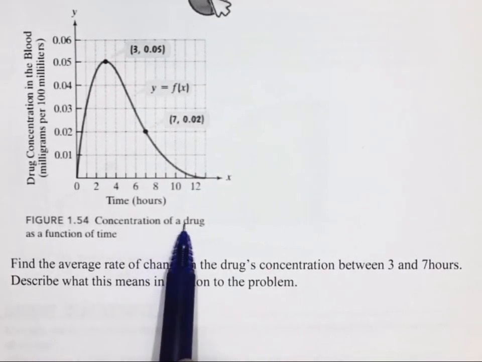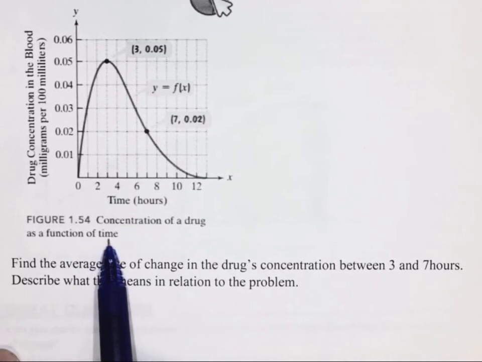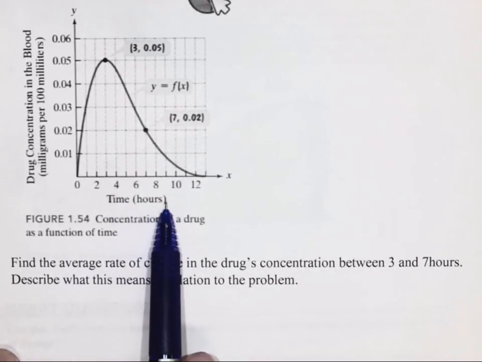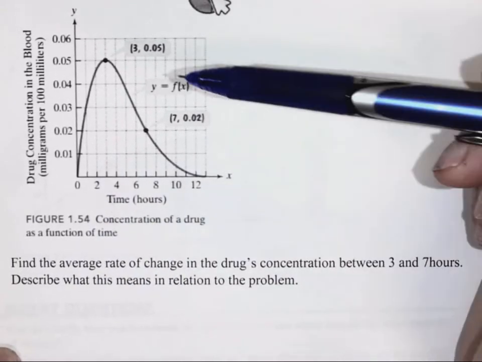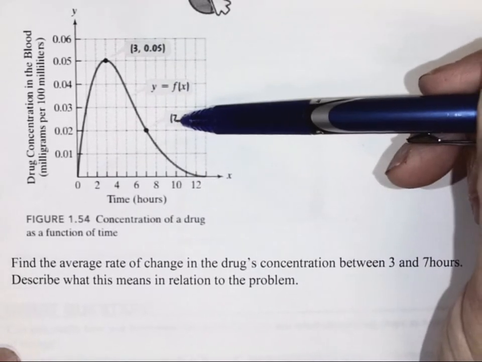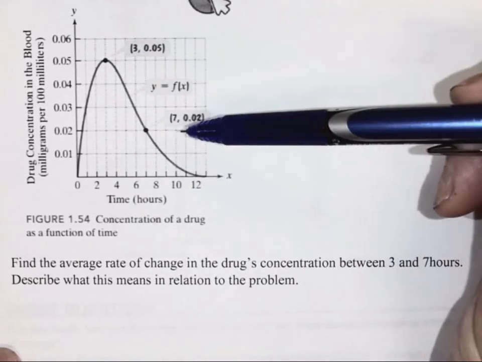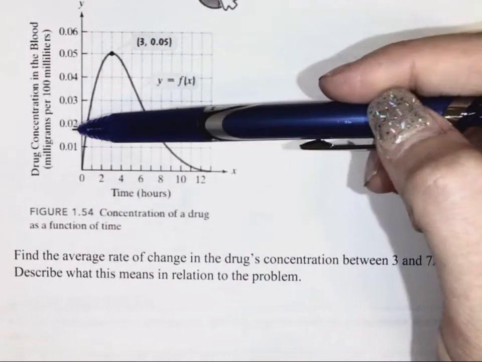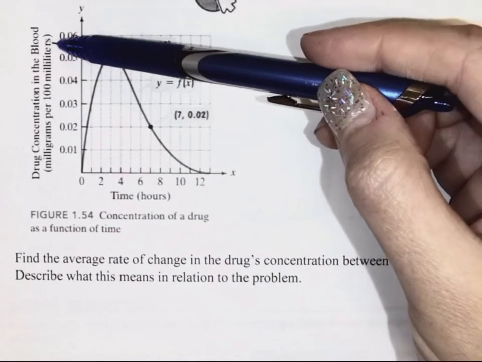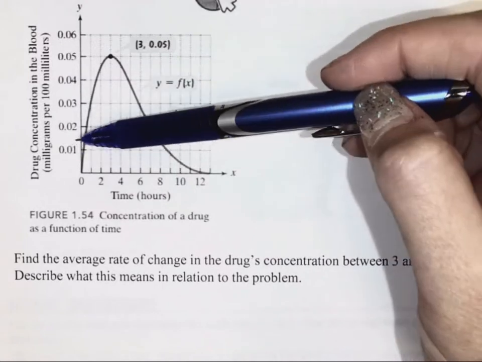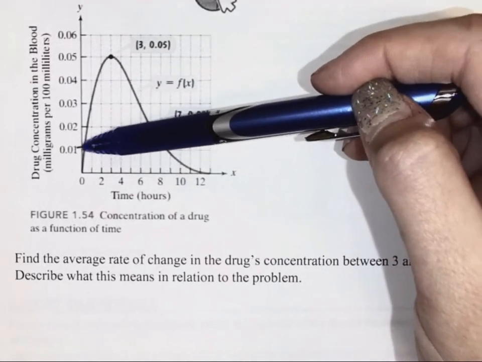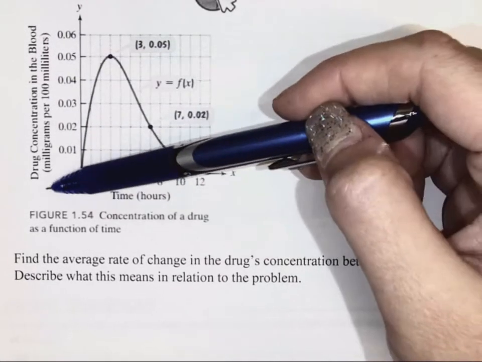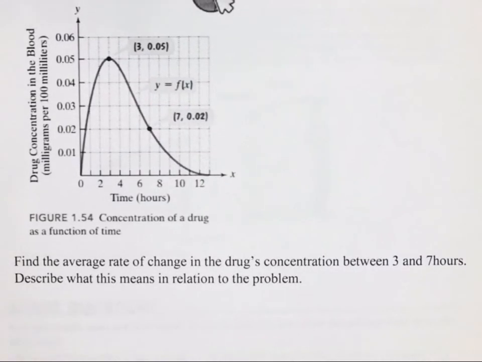This represents concentration of a drug as a function of time in hours. So notice that time is in hours. So all of your x coordinates represent an hour of time. So 3 hours, 7 hours. Your y-axis is in milligrams per 100 milliliters. So this is 0.01 milligrams per 100 milliliters, and so on.